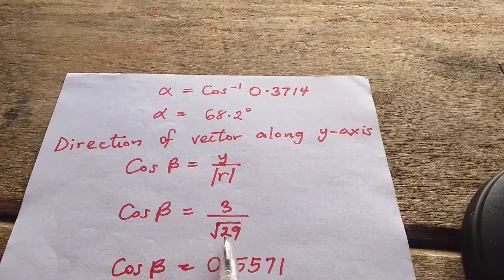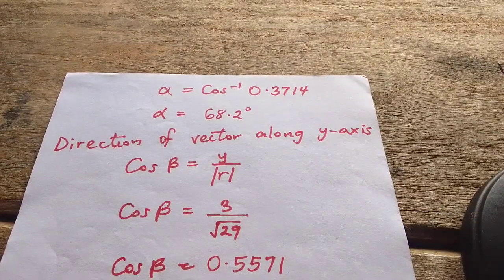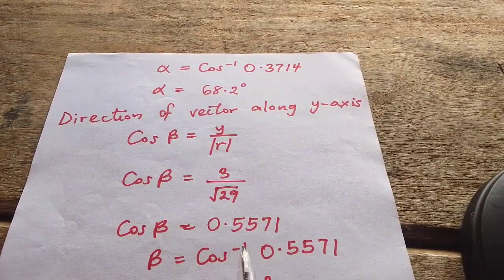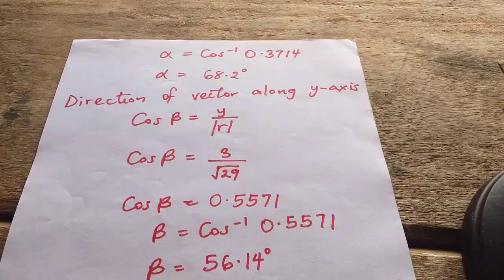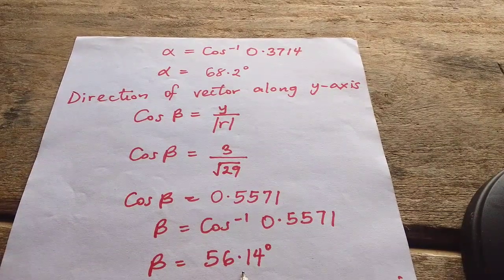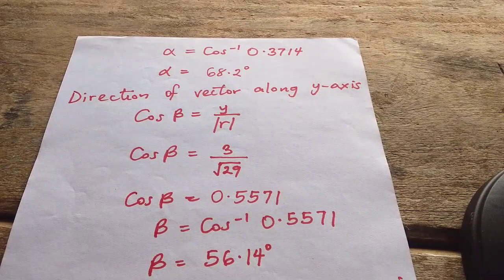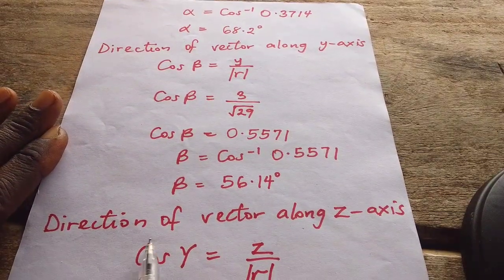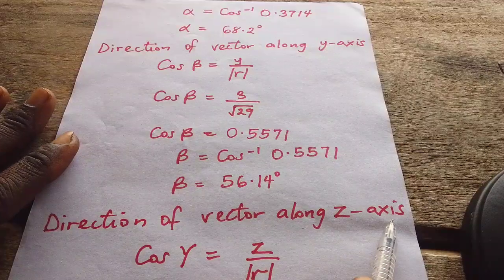So 3 divided by root 29 gives us 0.5571. To look for the value of beta, we look for the arc cos of 0.5571, which gives you 56.14. So the angle it makes with the y axis is 56.14 degrees.